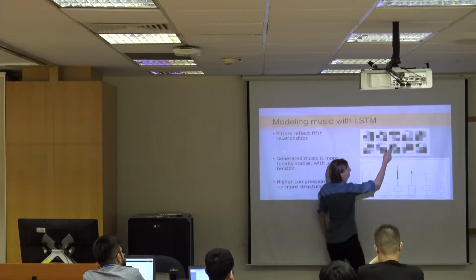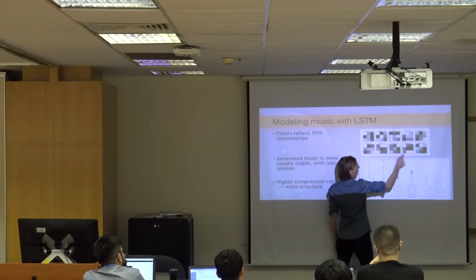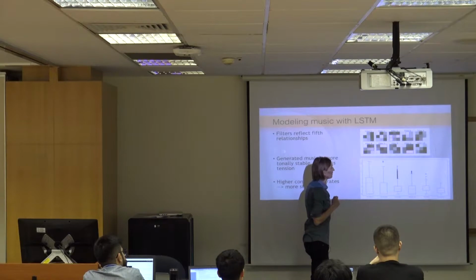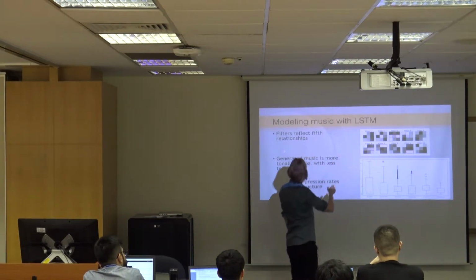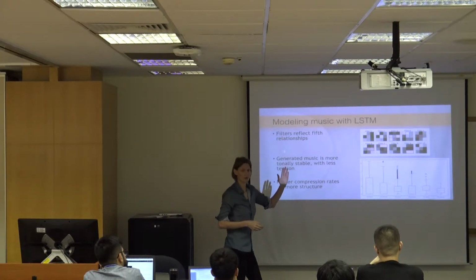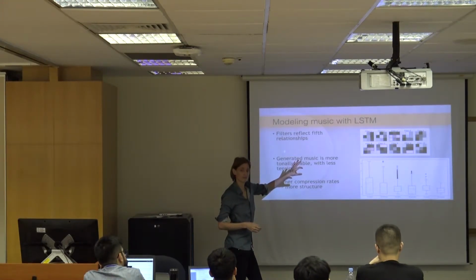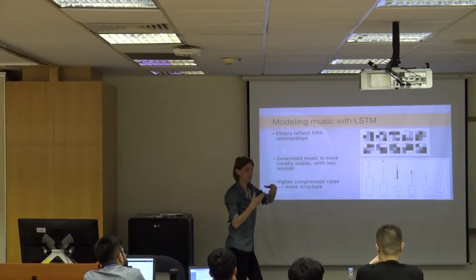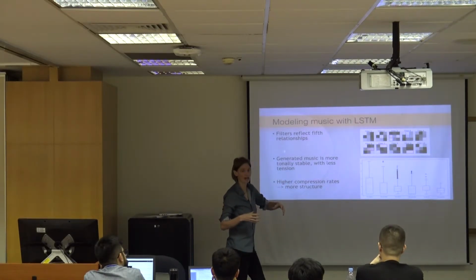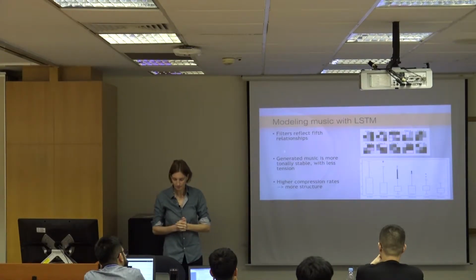What these filters are filtering out here, for instance, is the fifth relationship. And the vertical relationship was a third, I think. So that's very interesting to see. It does mean that inside the CNN there's sort of efficient representation happening for musical features.